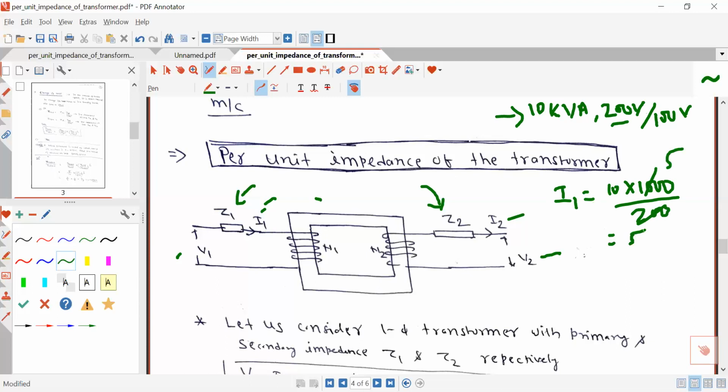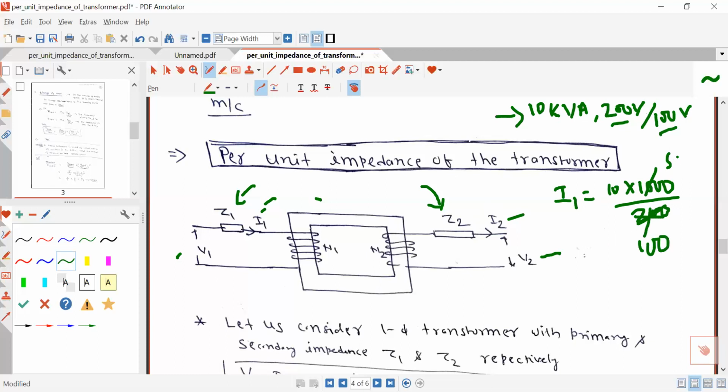Here rated current means the current which you have calculated from the rating of the transformer. Similarly, if you want to calculate I2, you have to divide by 100 in place of 200, because the secondary rating is 100.